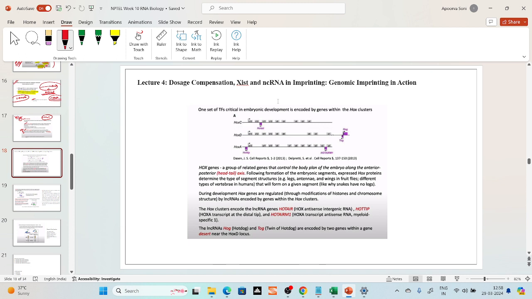What this example says is that during embryonic development, when the embryo is developing, some of the transcription factors which are very important for embryonic development are Hox genes. If you have studied a little bit of developmental biology, you know about Hox. So Hox genes are present within the Hox clusters.